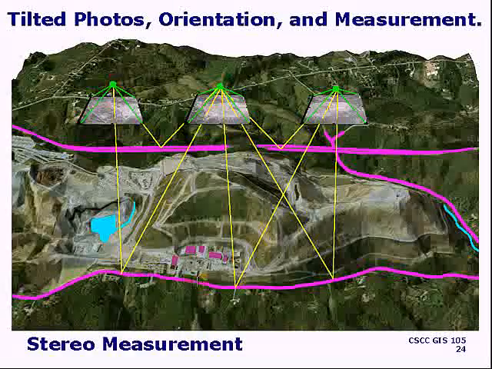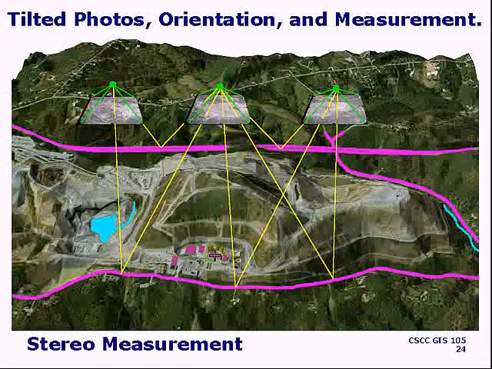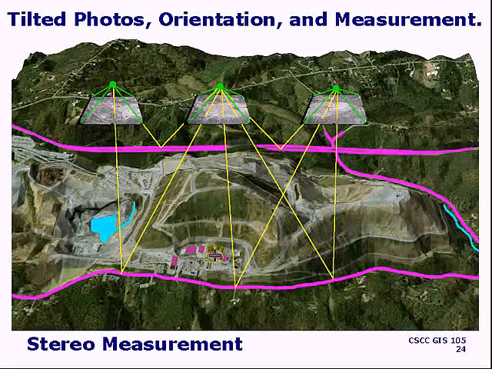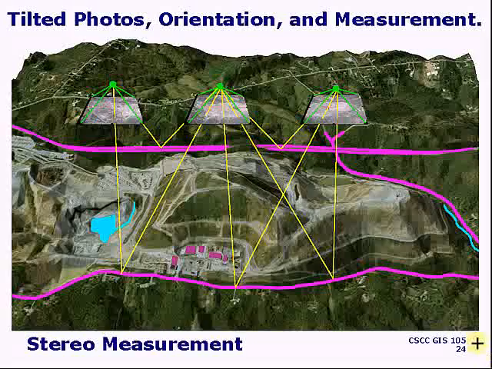So at that point, we just start making measurements, whether it's roads, buildings, hydrology, trees, just mass points that show the shape of the ground. All of those measurements are going to be done in 3D photo space, transformed to 3D ground space, and that's going to be the basis for the mapping that we do.